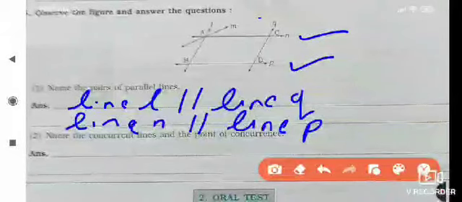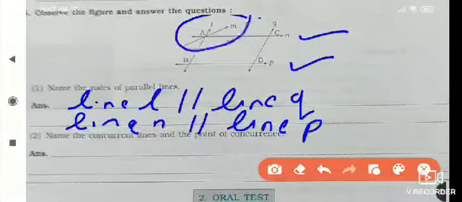In this figure, only at one place, at point A, there are three lines. Which are these three lines? L, M and N. They intersect each other at this point. So point A is the point of concurrence, and lines L, M and N are the concurrent lines.